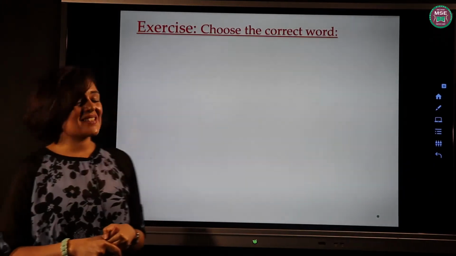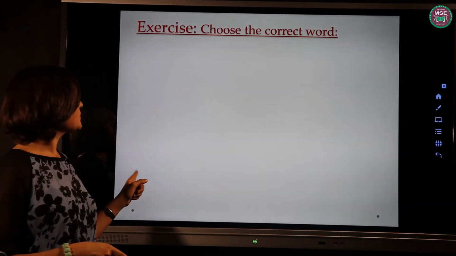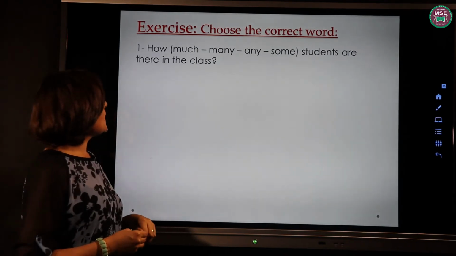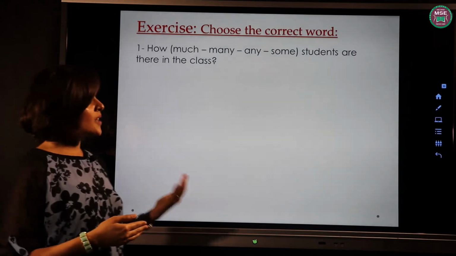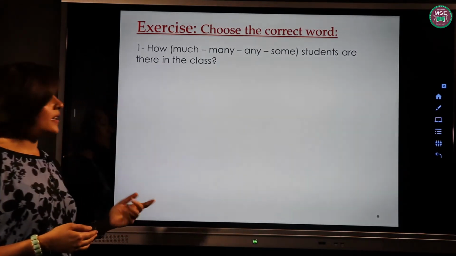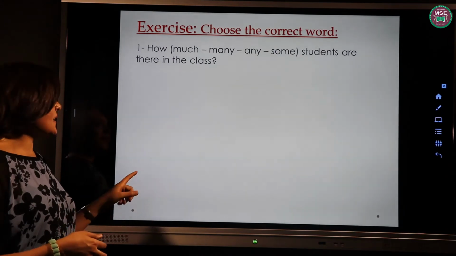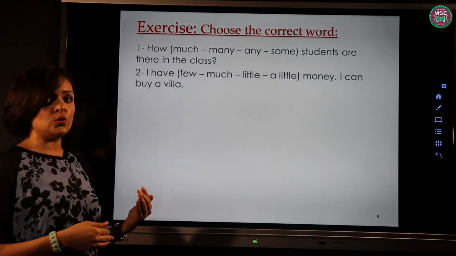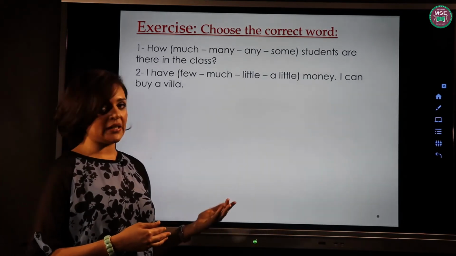Let's go to this exercise and see some sentences to answer together. The first one says, how much, many, any, some students are there in the class? Think for 5 minutes and then we will answer all together. Number 2, I have few or much or little or a little money.